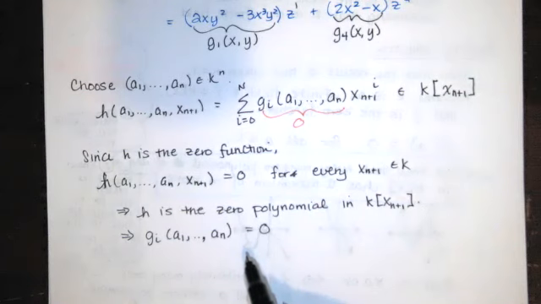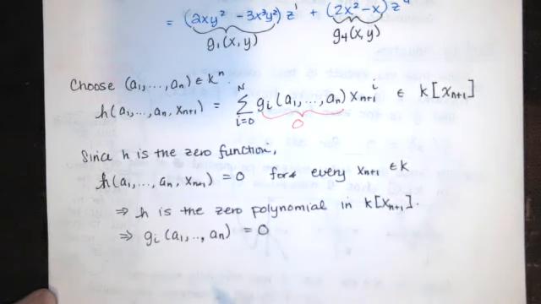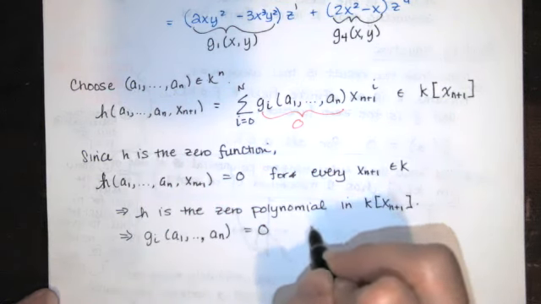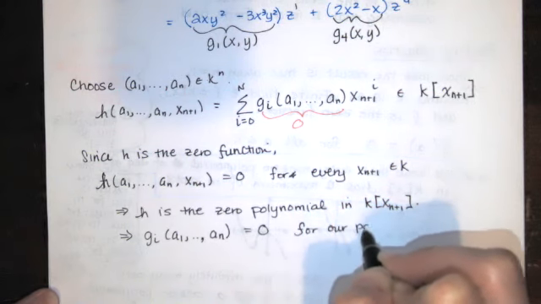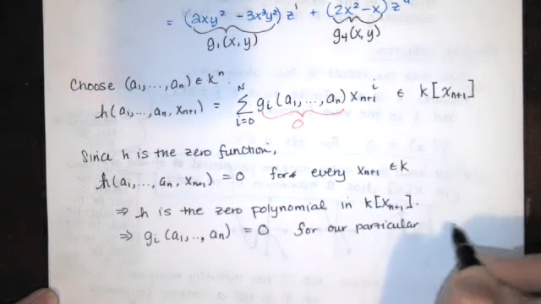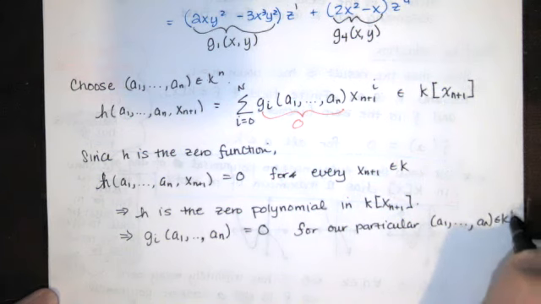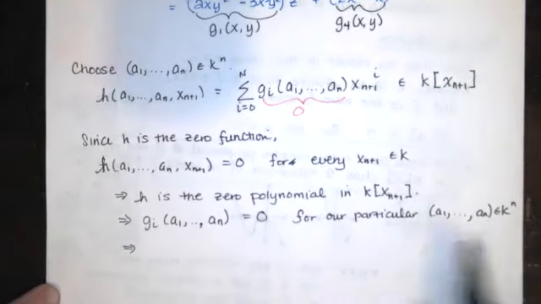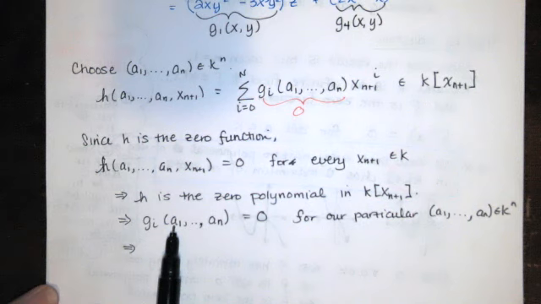And since all of these guys are 0, and this was for some arbitrary a sub 1 through a sub n in n-dimensional affine space, since that was arbitrary, that particular choice that we made in order to do this, this is going to be equal to 0 for all of these guys.